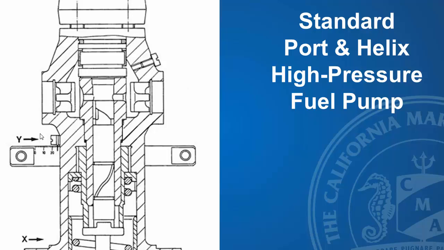But on these pumps, the start of injection is always the same, and the start of injection is when the pump plunger covers the spill ports. Once that happens, injection will begin, and injection will continue at a continuous rate until, as the pump plunger rises up and the helix uncovers those spill ports, then the fuel will, instead of being delivered to the injector, go back into the suction of the pump.